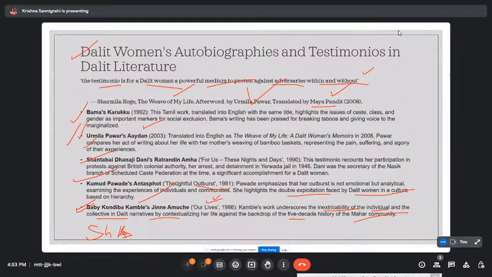If you read Urmila Pawar's or Baby Kamble's interviews, you will see that one of their main purposes for writing these testimonials, that is their autobiographies, is to project their idea and to project their condition, their hardships, the kind of difficult situation which they have faced and which they have overcome in the process of writing.